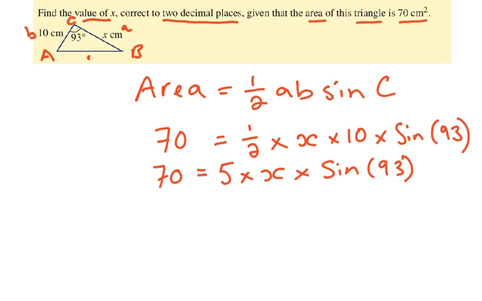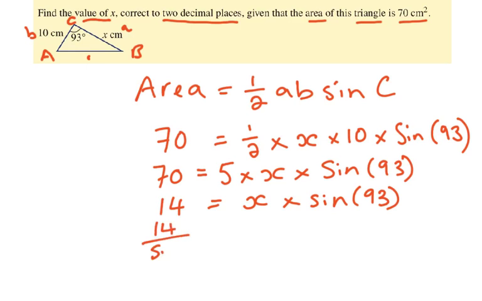Now I need to move the 5 to the other side, so it's going to be 70 divided by 5, which gets me 14, is equal to x times sine 93. And now I need to get x on its own, and the last step is it's going to be 14 divided by sine 93, and that will allow x to be on its own.